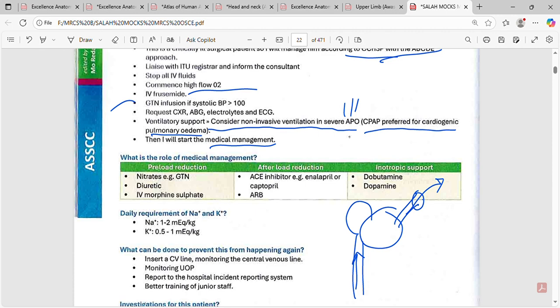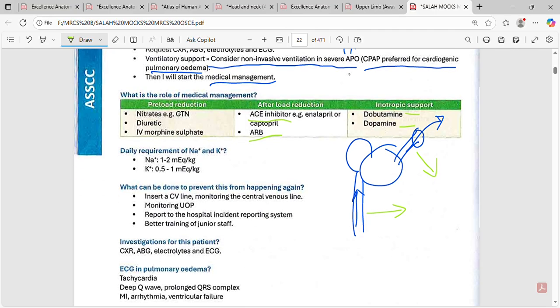ACEs are angiotensin converting enzyme inhibitors, and ARBs are angiotensin receptor blockers. Nitrates, diuretics, IV morphine sulfate will reduce the preload, so there will be less pressure on the heart, and the ACE inhibitors will reduce the afterload. This will improve heart contractility and heart rate.